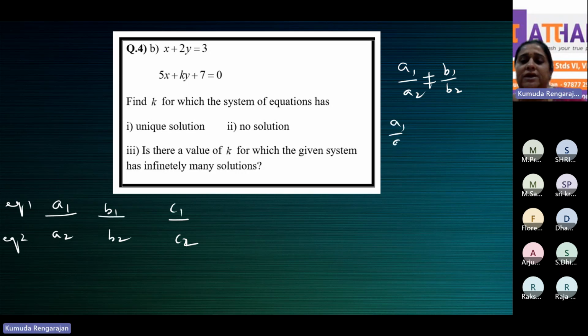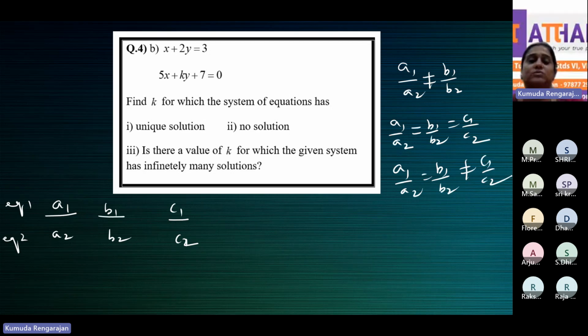If A1 by A2 is equal to B1 by B2 is equal to C1 by C2, many solutions. If A1 by A2 is equal to B1 by B2 is not equal to C1 by C2, no solution.